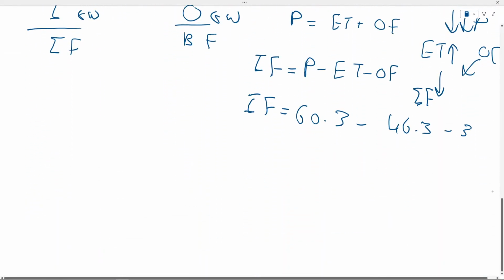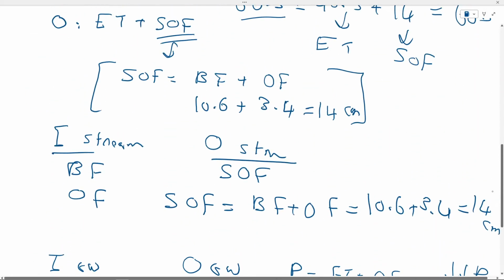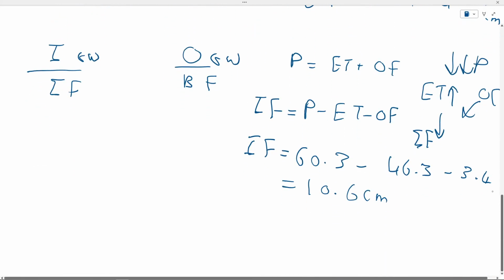If you did 60.3 minus 46.3 minus 3.4, that will give you 10.6 centimeters. And all this is centimeters per year. I'm not writing centimeter, everything here is centimeter per year. I'm just writing this for simplicity.